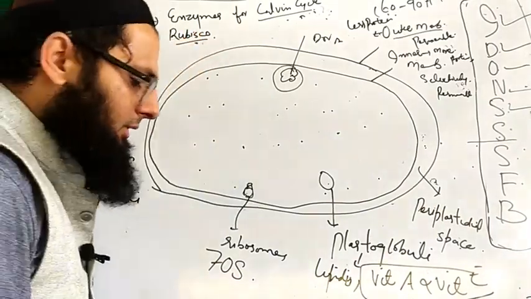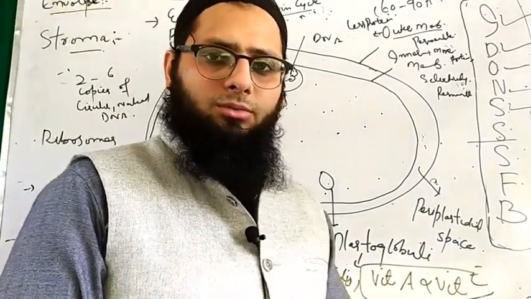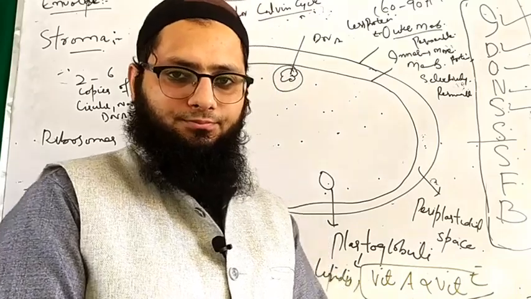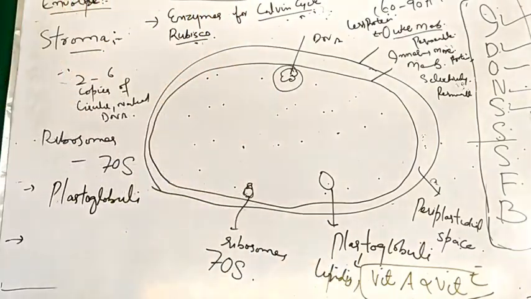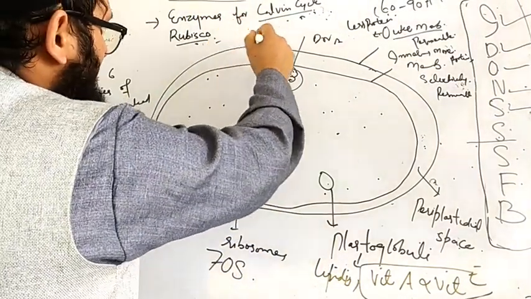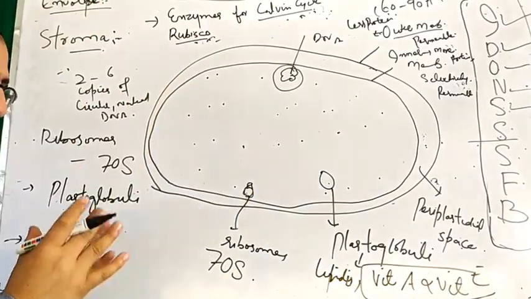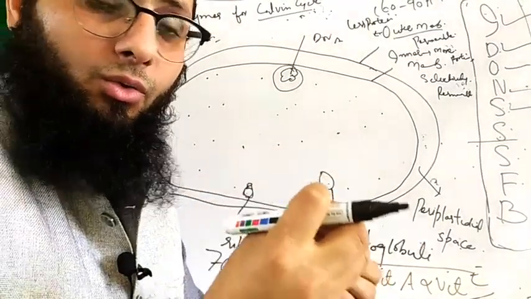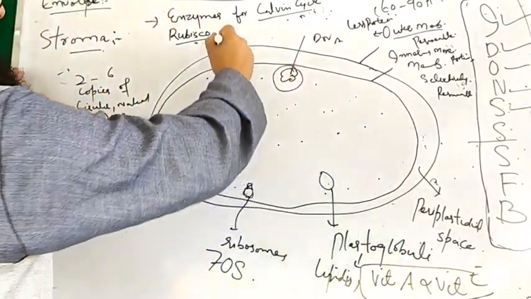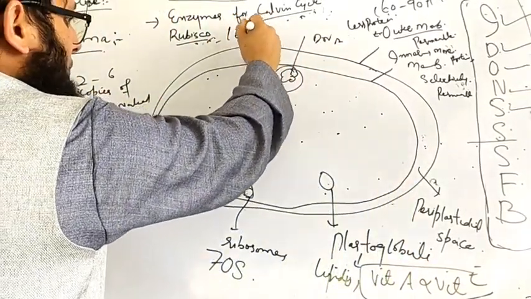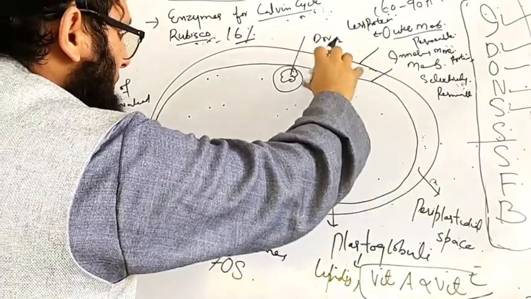This Rubisco is actually ribulose 1,5-bisphosphate carboxylase, and it makes about 16% of the total protein content of the chloroplast.